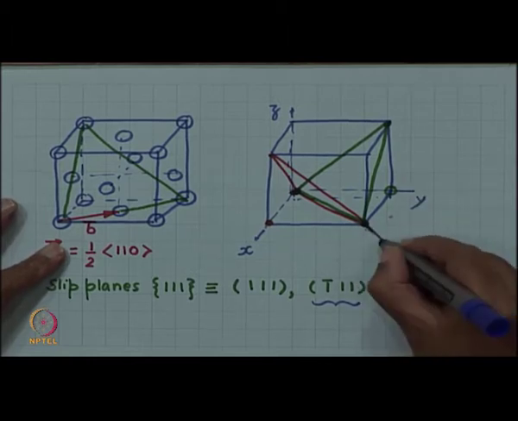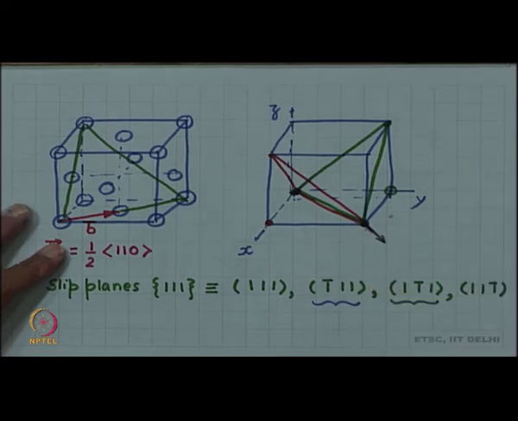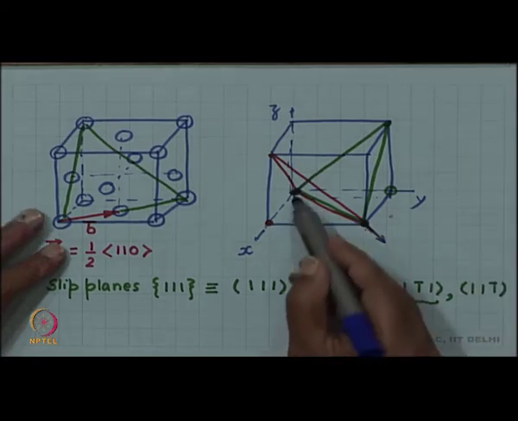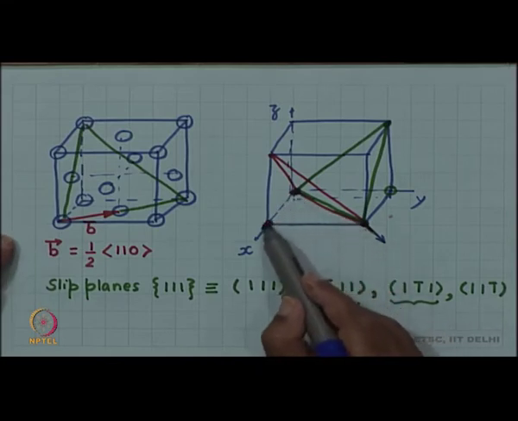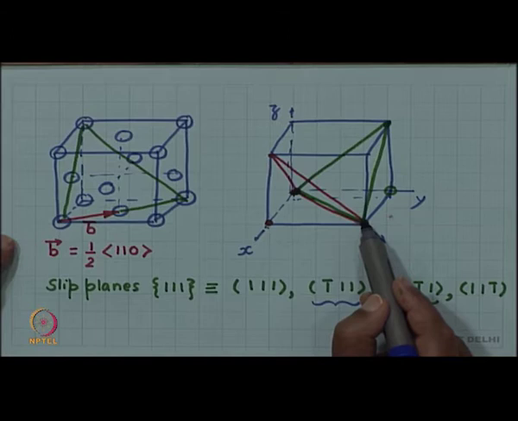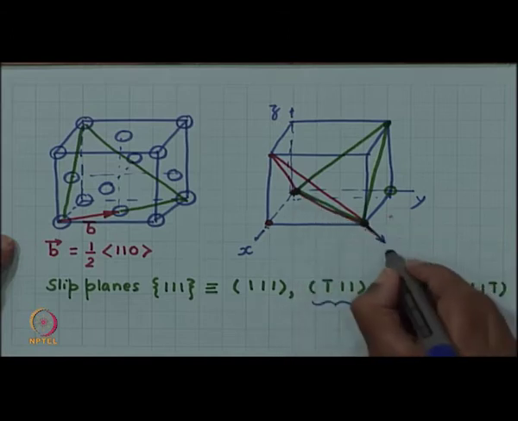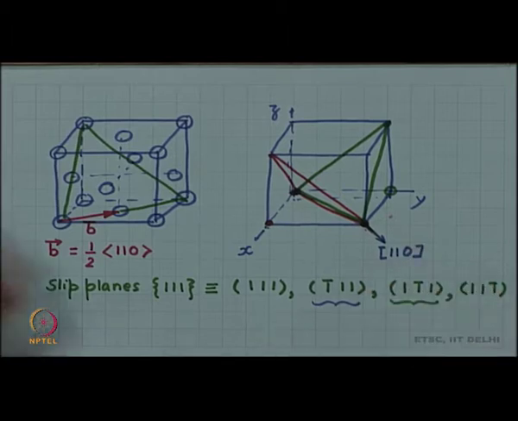You can immediately see that the two planes are intersecting in a common line, which is the bottom face diagonal along this, and this direction you can index using Miller indices, because I can take one step along x and one step along y to generate this vector. So, this direction is 1 1 0.